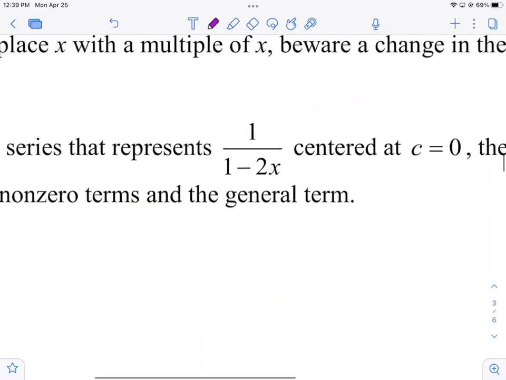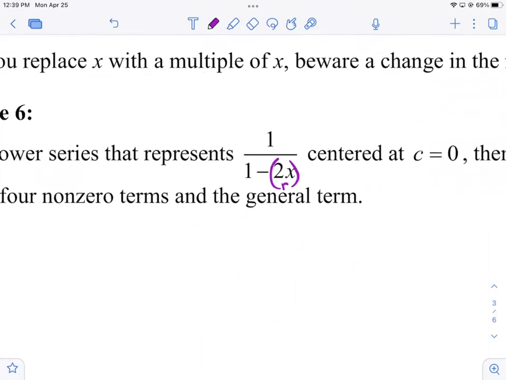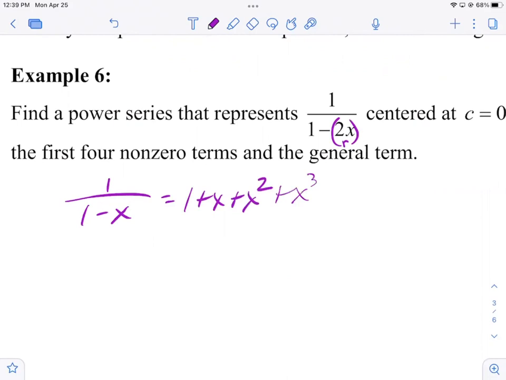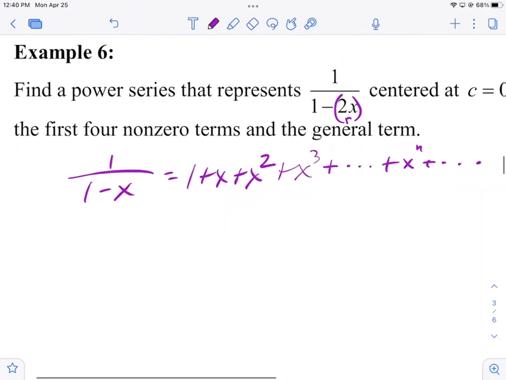So if I just put this in parentheses and call that R, that kind of looks like 1/(1 minus a quantity), yes? So let's write out for reference 1/(1 minus x), which we know is 1 plus x plus x squared plus x cubed plus yada, yada, yada, plus x to the n plus yada, yada, yada. And now I'm going to replace x with what? 2x, okay?